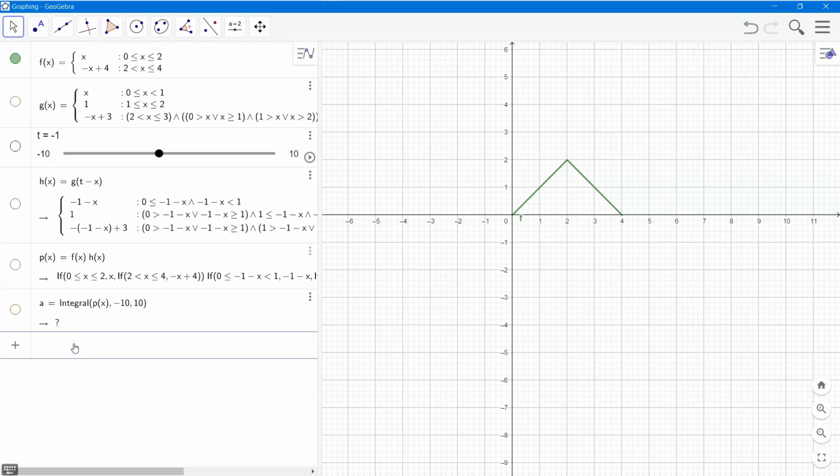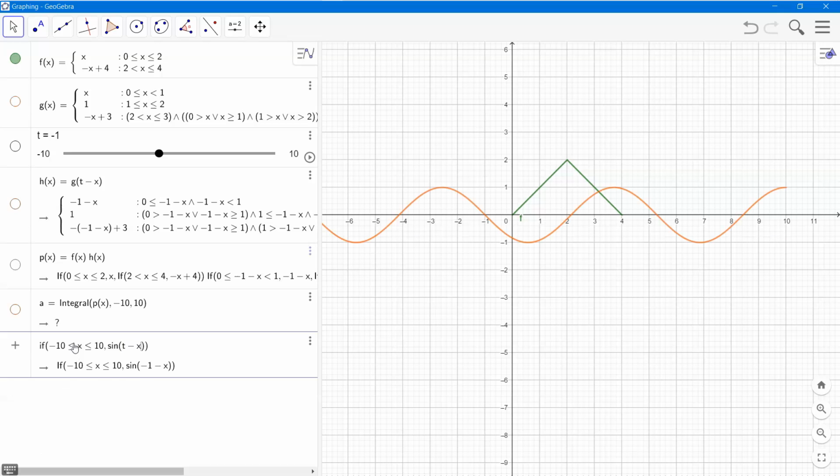Okay, let's define a new function. If minus 10 is less than or equal to x, which is in turn less than or equal to 10, then sine of t minus x, right?